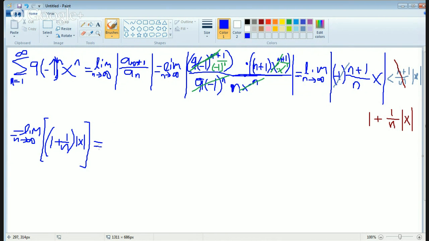And we still have to put the limit because there's still n. If you don't see n on your next simplification, then you won't have to put the limit anymore.